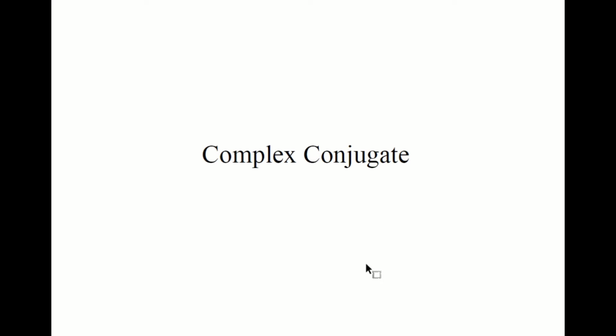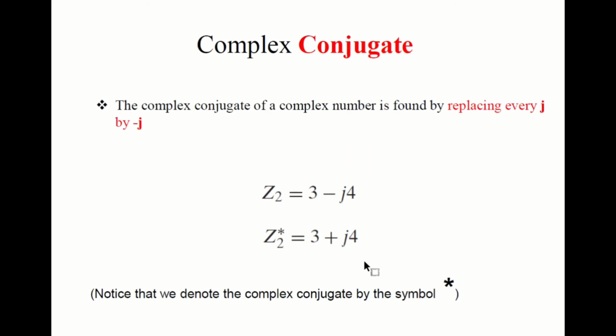Other than that, we need to know about complex conjugates. How do you identify a complex conjugate? The complex conjugate is identified by the star symbol. If you have a Z star like this, this is the complex conjugate. This is an example: Z is equal to 3 minus j4.